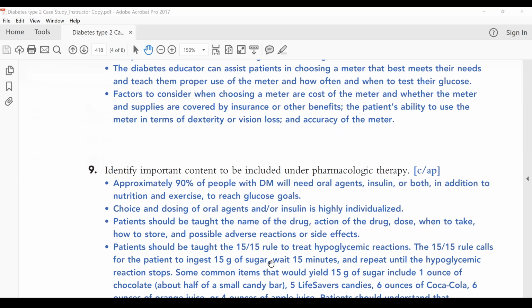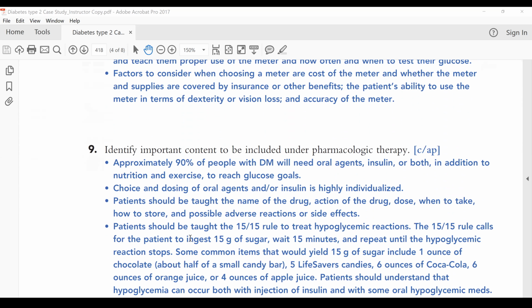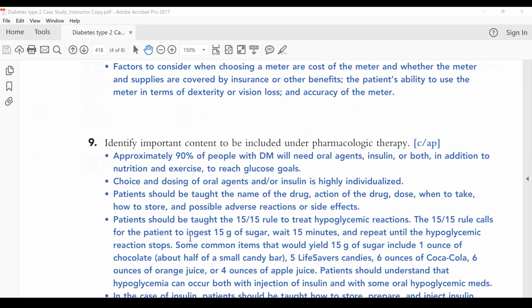Some other common items that can give them that 15 grams are 1 ounce of chocolate or half of a small candy bar, 5 Life Savers candies, 6 ounces of Coca-Cola, 6 ounces of orange juice, or 4 ounces of apple juice. They need to understand that hypoglycemia can occur both with injections of insulin and with some oral hypoglycemic agents.